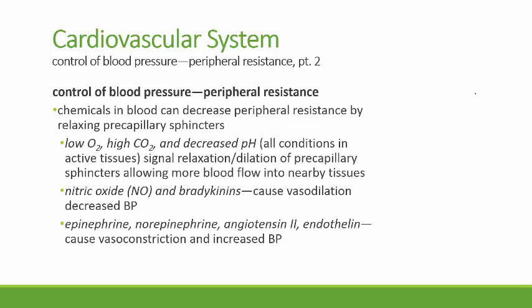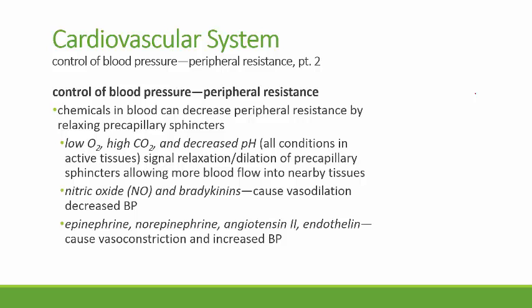And then finally, we can control peripheral resistance not just through these reflexes, but local chemical control can also alter peripheral resistance. It can do that by relaxing precapillary sphincters.